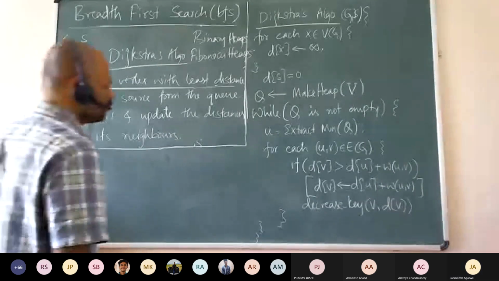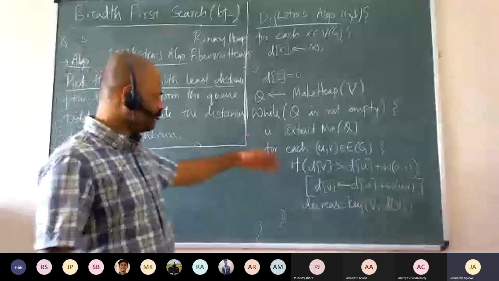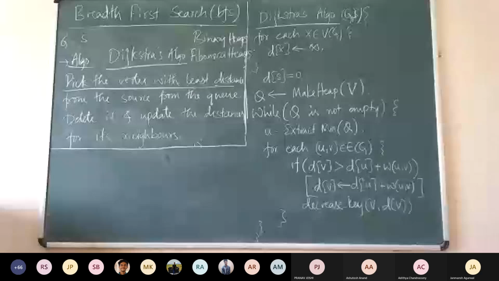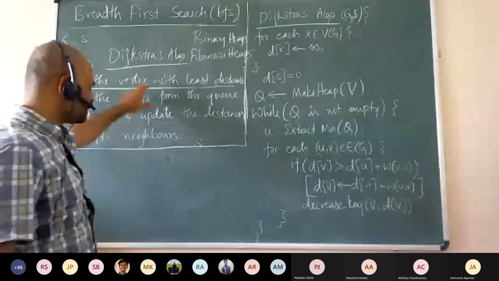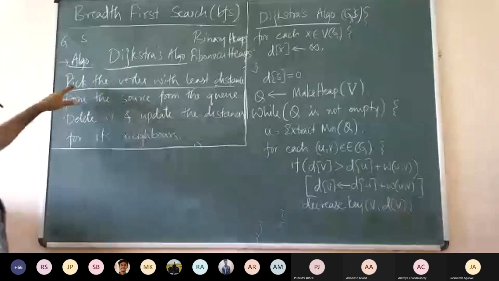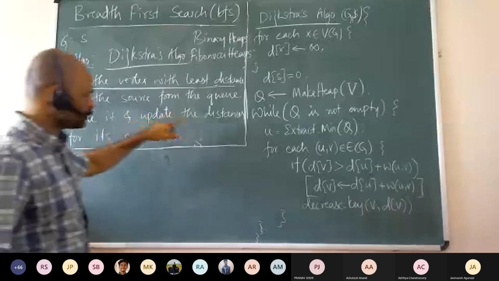So the complexity here will be n into m, right? That we will try to see. We will first need to see if this is correct, if we are exactly doing whatever we proposed. What we proposed was to pick the vertex with least distance from the source. That we are doing here.